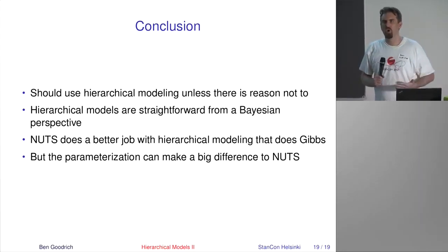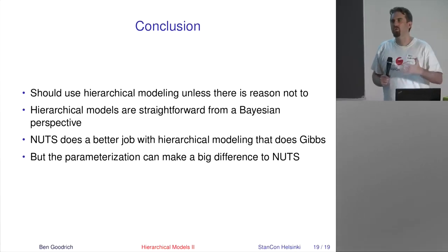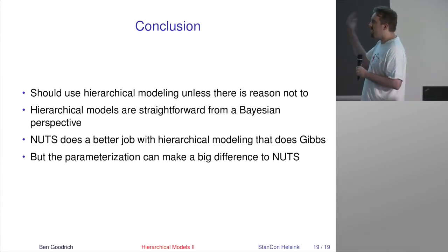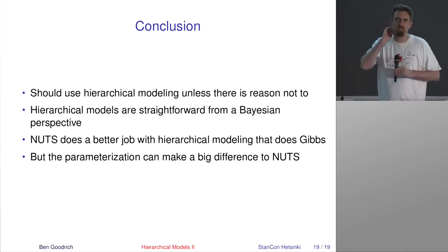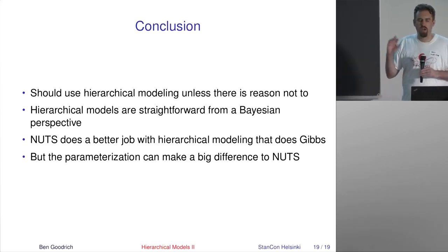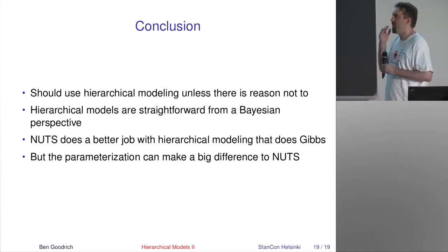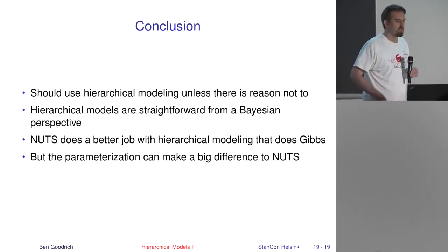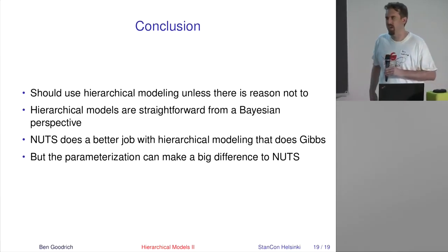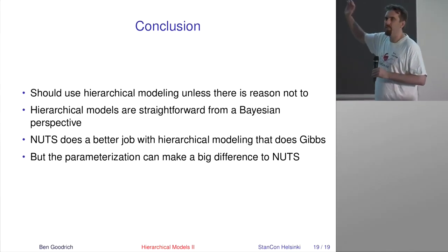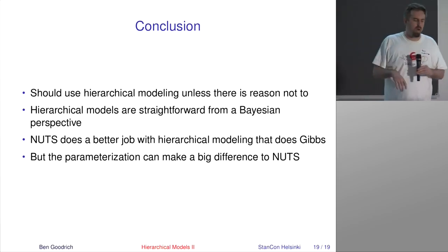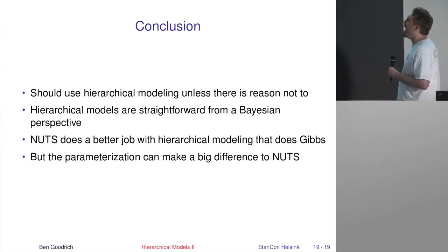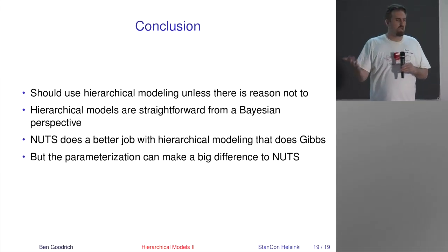It comes up in so many places once you learn to think in terms of conditional distributions. It's pretty straightforward conceptually from a Bayesian perspective, more conceptually straightforward than trying to do these with the frequentist stuff, and you get all the advantages in terms of propagating your uncertainty, being able to use stuff like LOO and posterior predictive checks, which we didn't have time to talk about specifically in the context of hierarchical models, but everything that you may have heard or will hear over the next couple of days about that applies to hierarchical models just as well.